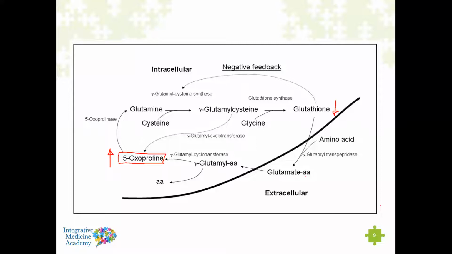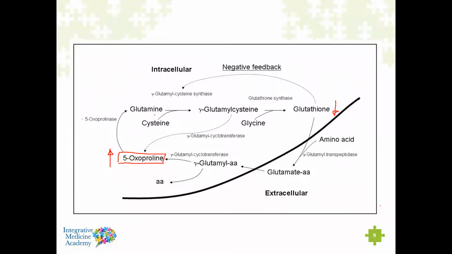So glutamate actually will get transported into the cell, and through the actions of an enzyme called gamma-glutamyl amino acid and gamma-glutamyl cyclotransferase, it forms pyroglutamic acid. 5-oxoproline, or pyroglutamic, gets converted through the actions of 5-oxoprolinase to glutamine. Now, like I mentioned, in some of the charts, they'll list this as glutamate.